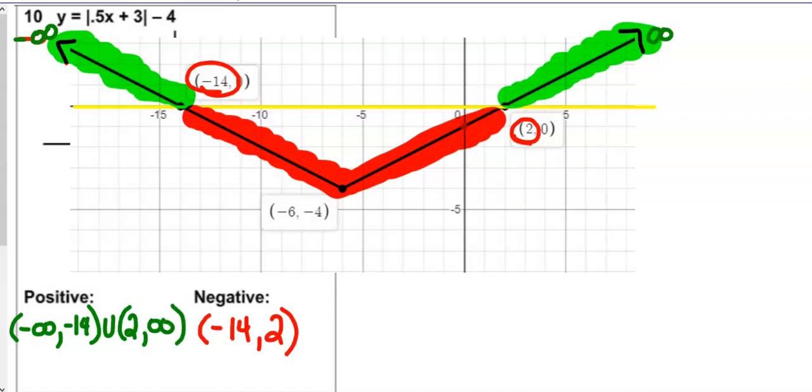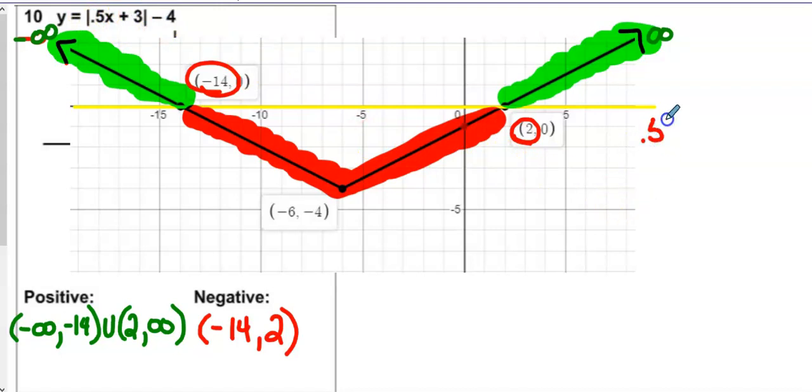So I realized as I was looking back at this that I didn't explain why the vertex is at -6, -4 instead of -3. We've mainly been looking at absolute value functions that have just an x right here. There's an a right here, and then this is called the b value, and we're going to talk more about this during class. But remember that what you do is you set all of this equal to 0.